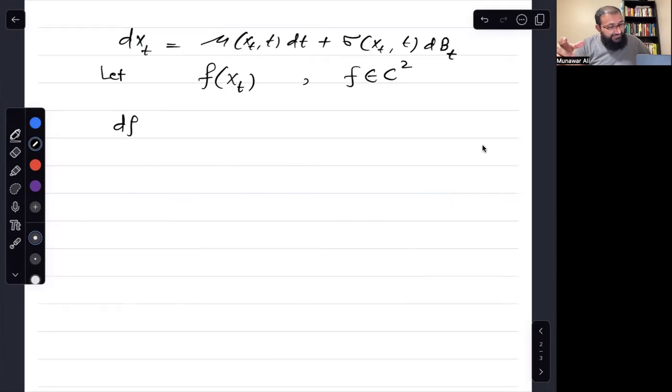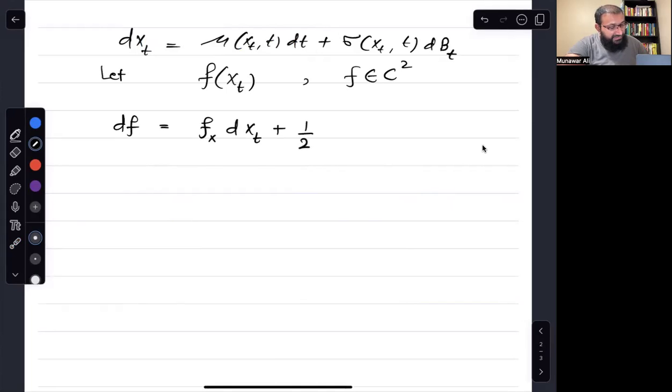Like the differential of f is: differentiate f partially with respect to x. So the subscript notation is like, this one is differentiate partially with respect to x. And then I will write dXt. Once you differentiate, you write dXt. This is how Taylor series works.